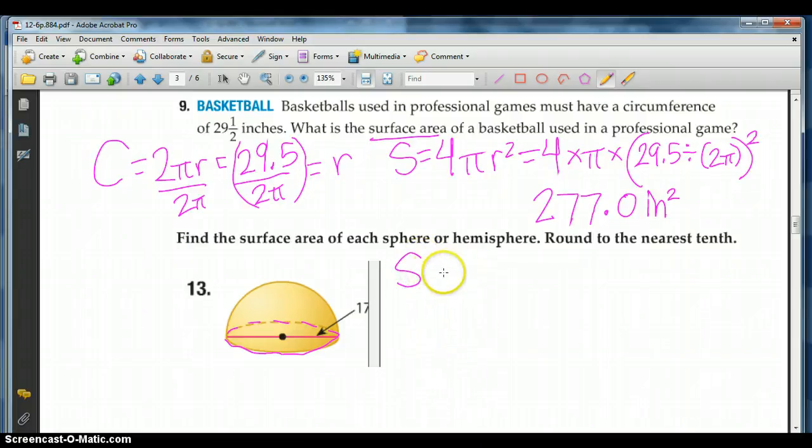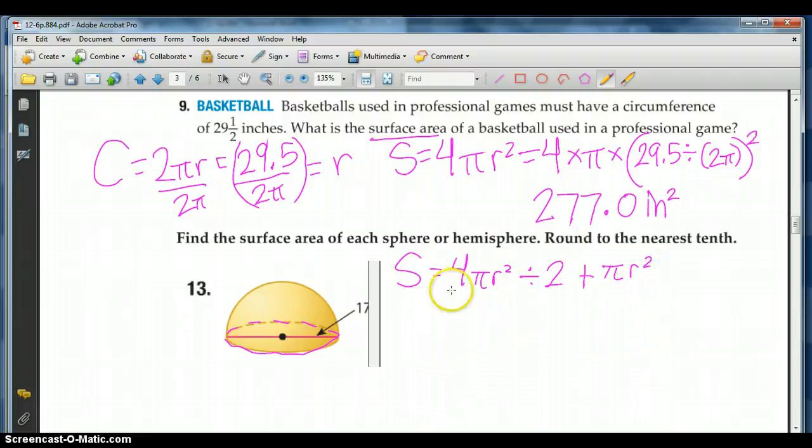So since surface area of a whole sphere is 4 pi r squared, our surface area is going to be half of that, or divided by 2, plus the surface area of the great circle. So the area of a circle is pi r squared.